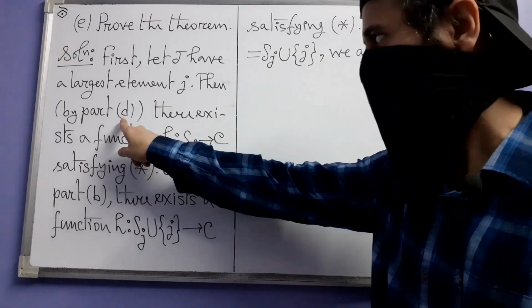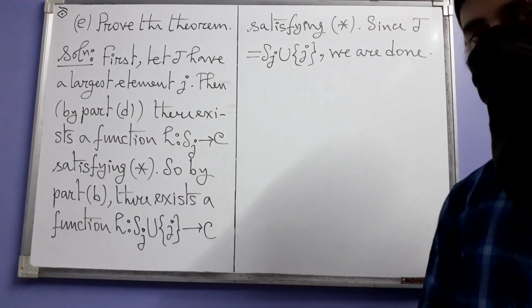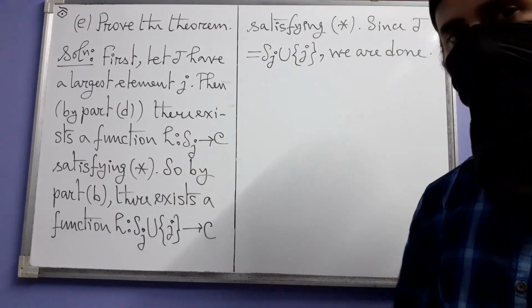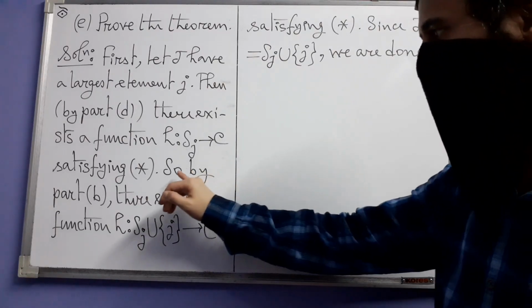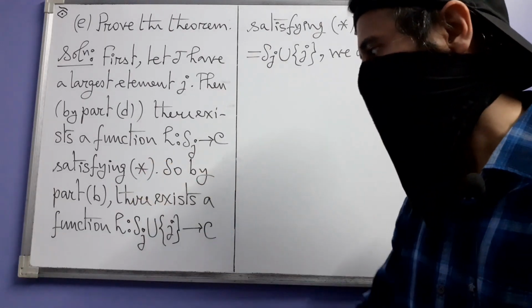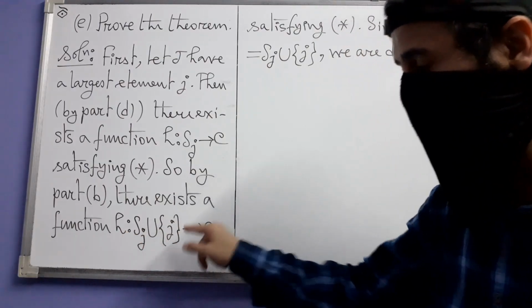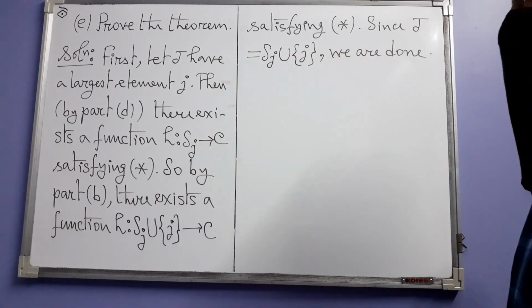Then by part D, there exists a function h from Sj into C, which satisfies star. So Sj is the section of j by j, and that is why by part B, there exists a function h from Sj union this singleton set j into C, which also satisfies star.